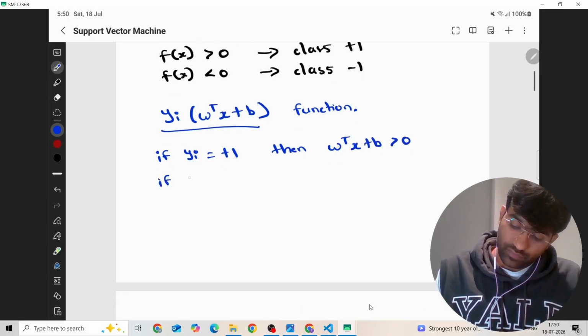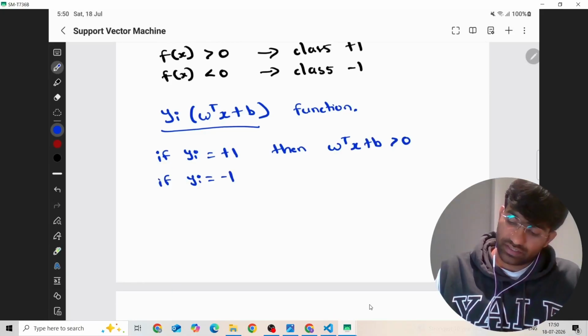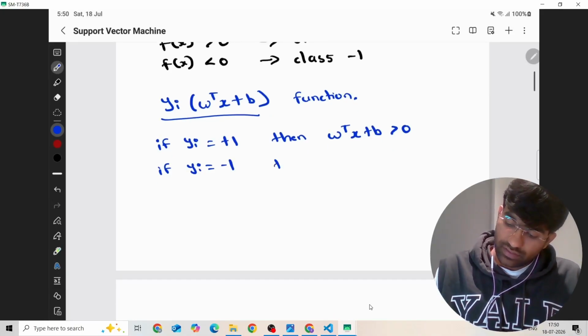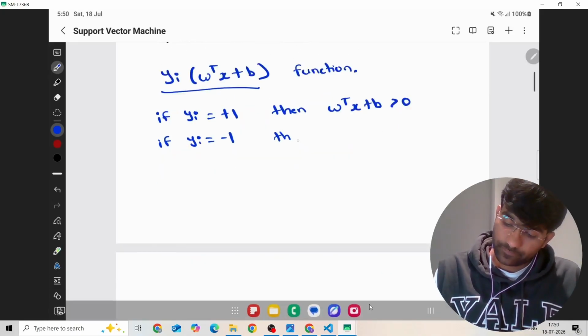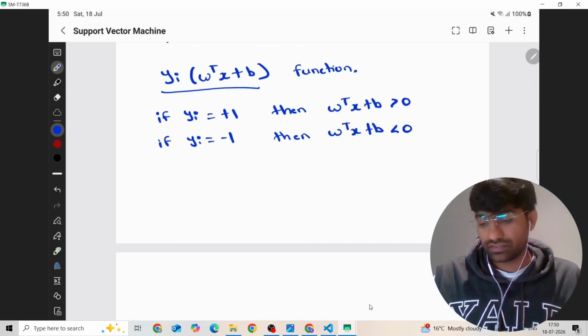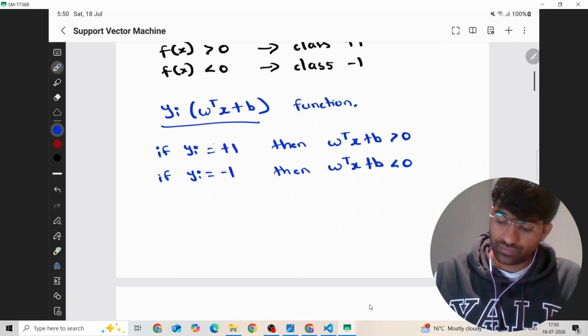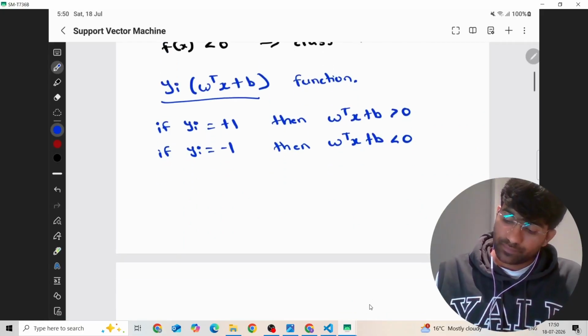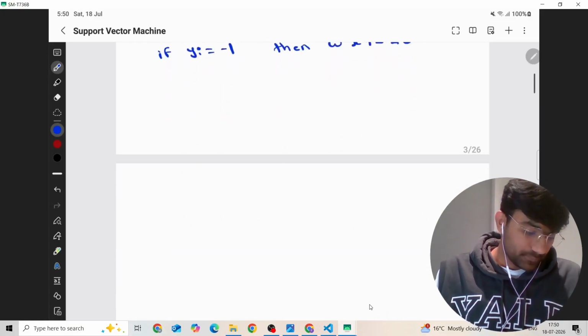If yi is equal to -1, then W transpose X plus B is less than 0. If we multiply by +1, it is greater than 0, and if multiplied by -1, it is less than 0.